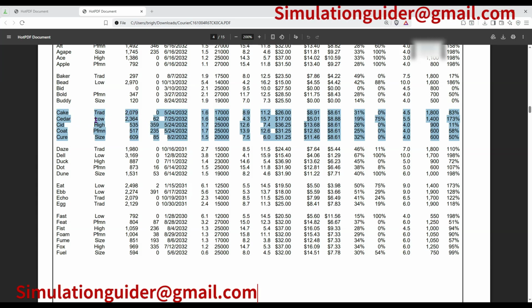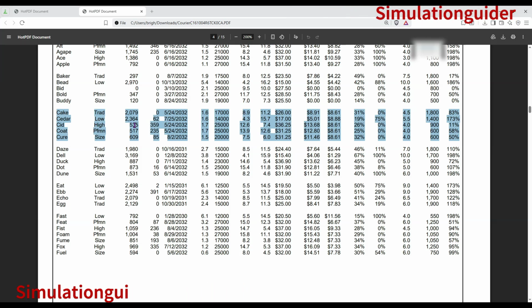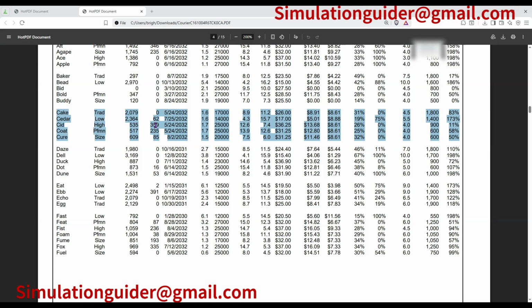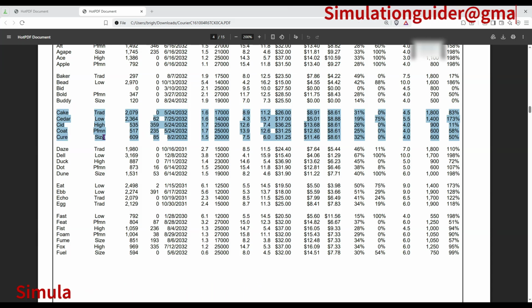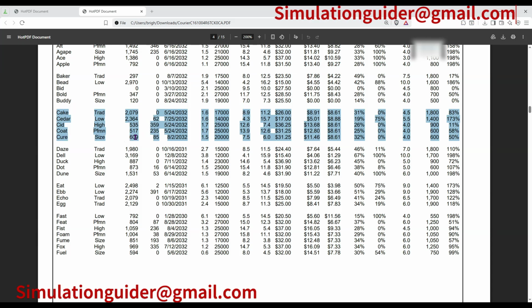Cedar, in the low end, we sold 2364 and had an inventory of 62. Seed, in the high end segment, we sold 535 and had inventory of 359. Coat, in the performance segment, we sold 517 and had 235 as inventory. Lastly, Cure, in the size segment, we sold 609 and had inventory of 85. That's for the last round, which is round 6.